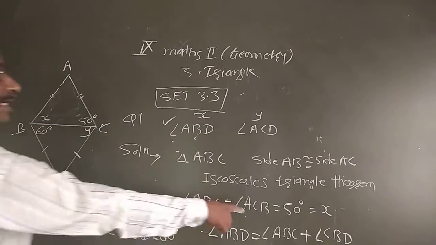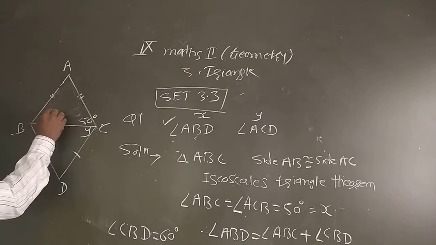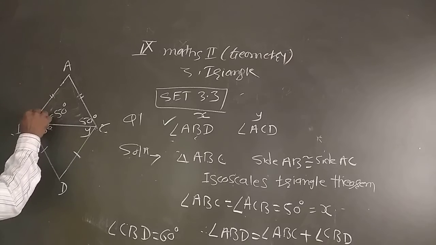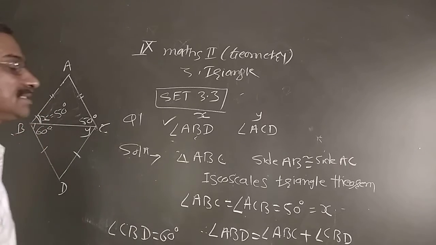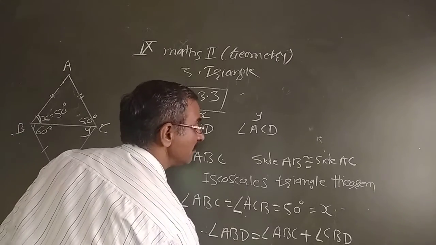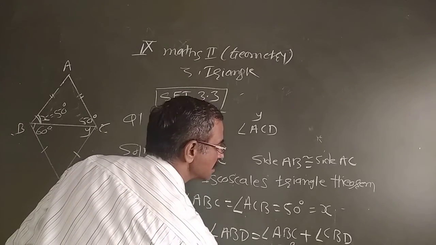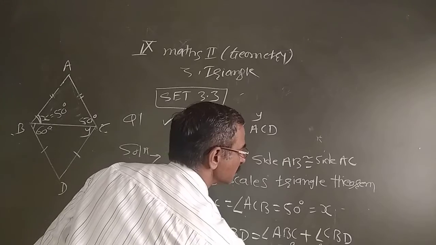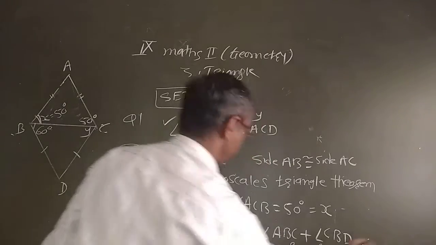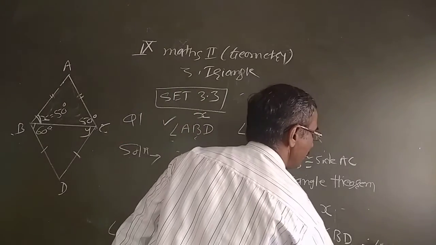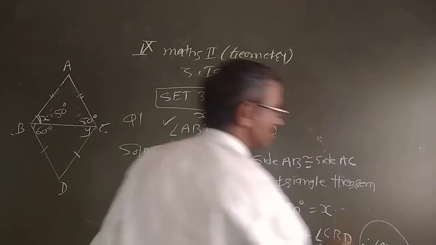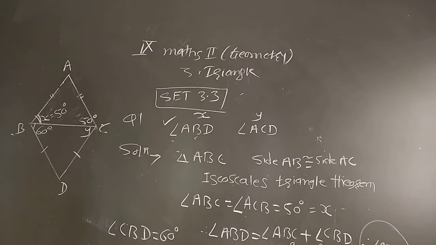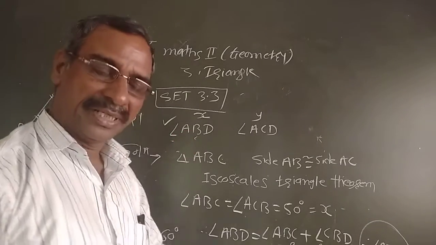The value of ABC is 50 degrees, the value of x, and this angle is 60 degrees. By putting the values, 50 degrees plus 60 degrees, the sum is 110 degrees. So the value of ABD is 110 degrees. We have found the value of x as well as angle ABD.